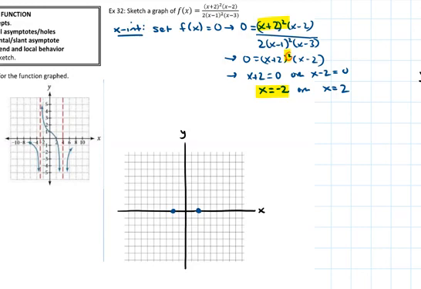And with an even multiplicity, at x equals -2, you're tangent to the x-axis. Tangent means you're going to bounce off. You're either coming from the top and bouncing off, or coming from the bottom and bouncing off.